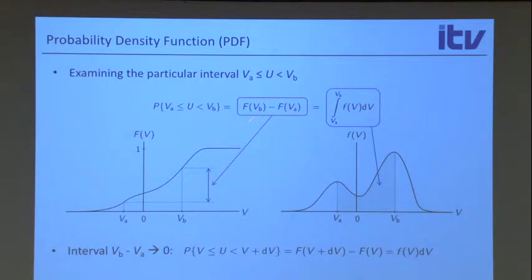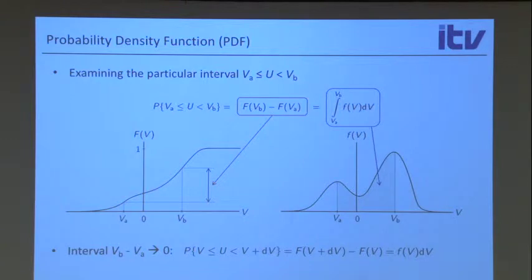And you see that this is nothing else than the integral of the PDF between these limits, okay? So the integral from minus infinity to infinity of the PDF is always equal to 1.